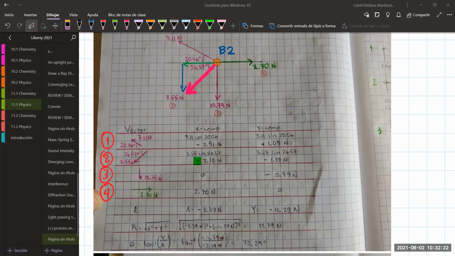And because x is touching the angle, it's going to be using cosine. In y, as you can see, it is in front of the angle, so it's going to be using sine. And because it's going down, it's going to be negative. Apply the formula in the calculator, and those are the two values that you should get. Did you get the second vector right?